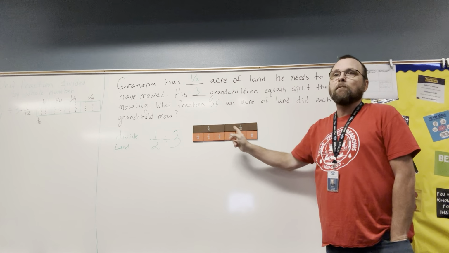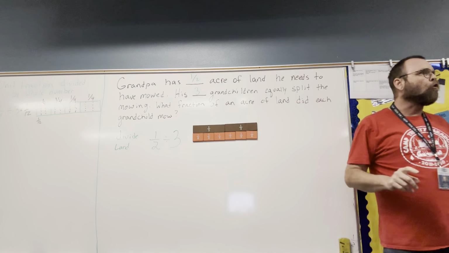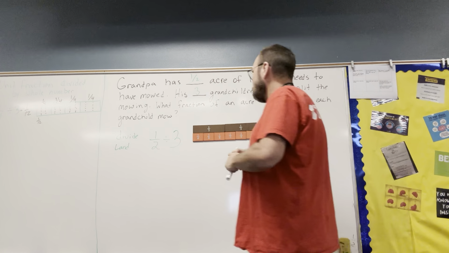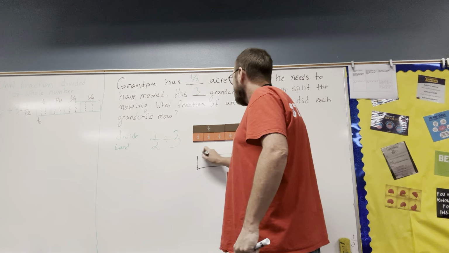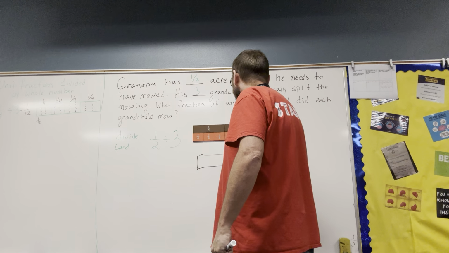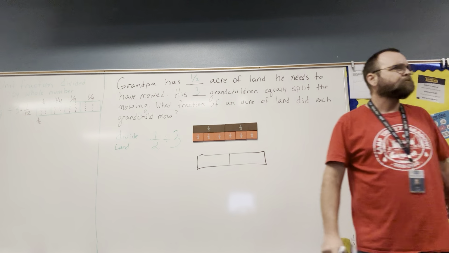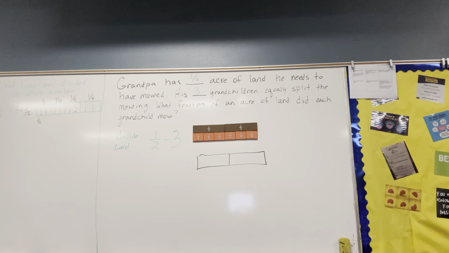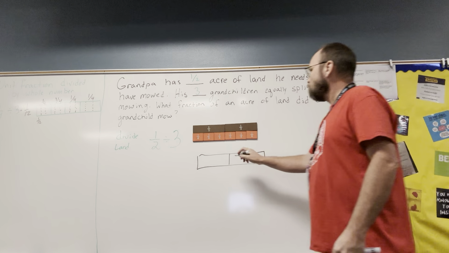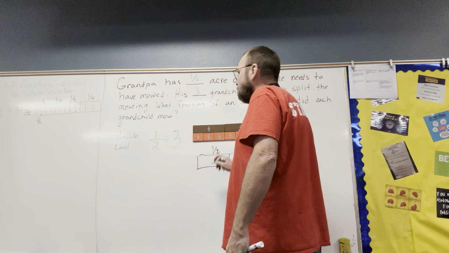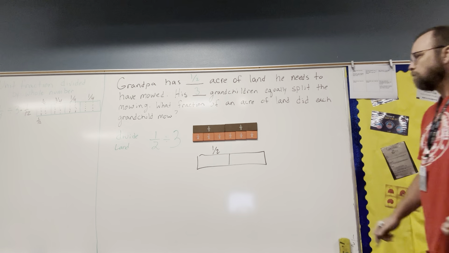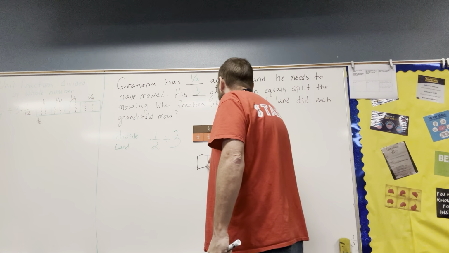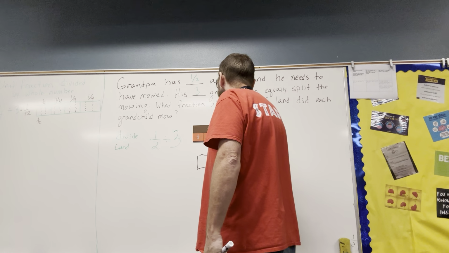Now the reason I put them all up, if you're drawing it, you may say, here's my 1/2 and here's my 1/2. But I need to take this 1/2 and I need to divide it into 3 equal groups. 1, 2, 3.